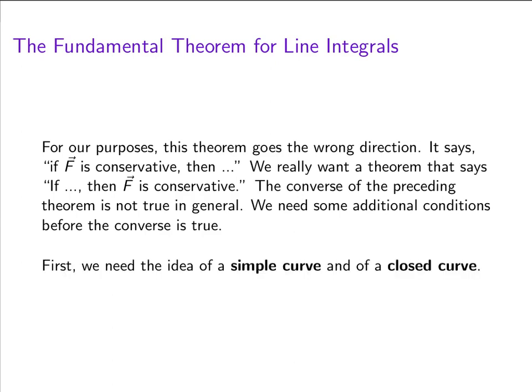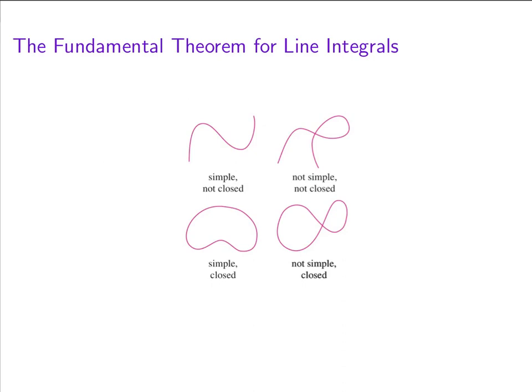All right, first thing, we need the idea of a simple curve and of a closed curve. Let me just give you some pictures that'll illustrate the notion of a simple curve and of a closed curve. Okay, so here's some examples. So a simple curve is something that doesn't cross itself. A closed curve is one in which the ending spot is the same as the beginning spot.